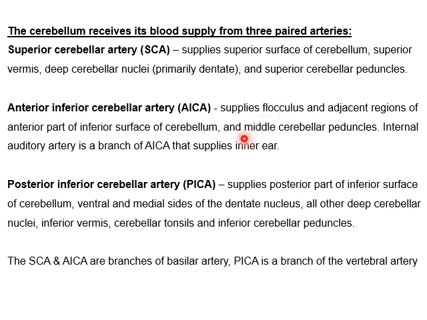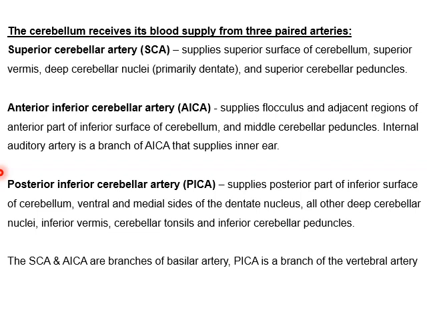Also, the middle cerebellar peduncle is supplied by the anterior inferior cerebellar artery. There is an important artery called the internal auditory artery. This internal auditory artery is a branch from the anterior inferior cerebellar artery. It supplies the inner ear, or the labyrinth.